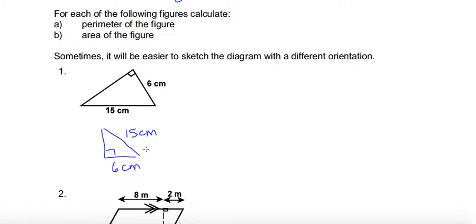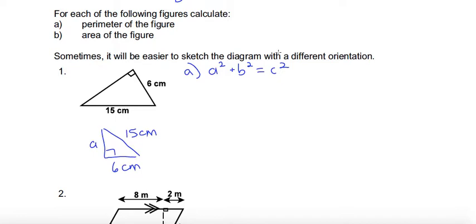So in order to figure out the perimeter of our figure, we first need to figure out the length of side a. So if we think about using our formula, we know that a squared plus b squared is equal to c squared. We have done substitution of formulas when we did Pythagorean theorem in our last unit.